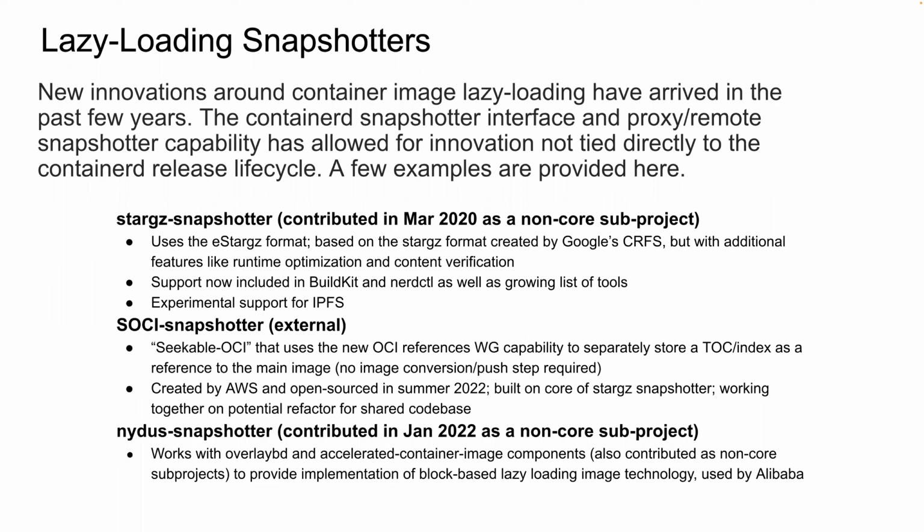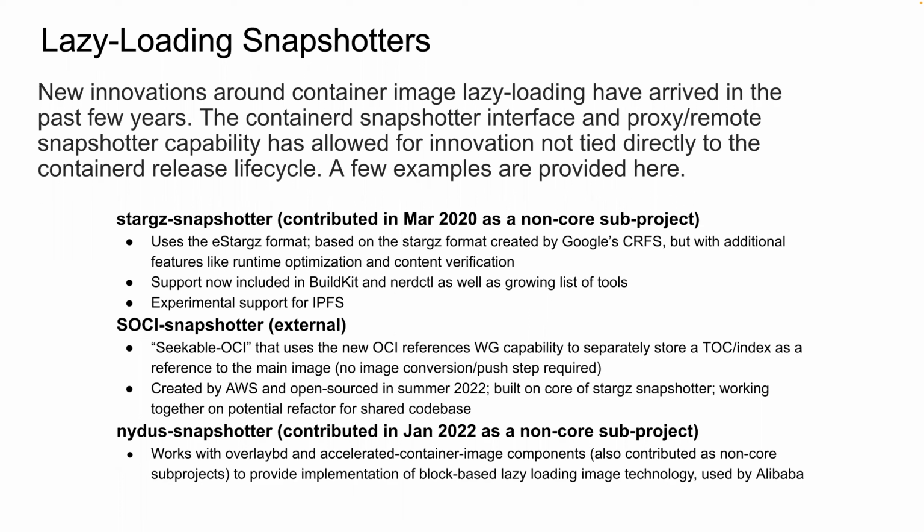Lazy loading snapshotters are interesting from that aspect because they minimize the time that's blocking between a container being scheduled and actually starting up. Most of the time, containers don't necessarily need the full file system underneath them, so lazy loading snapshotters allow that process to happen either in the background or as needed.